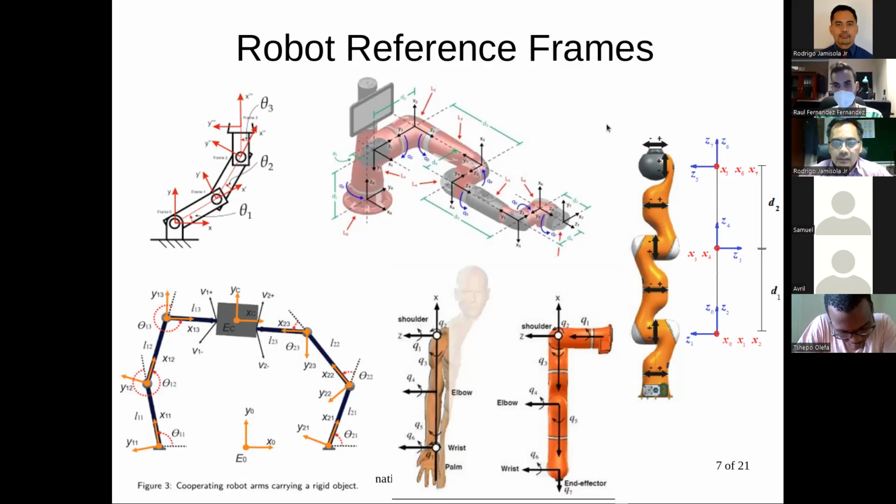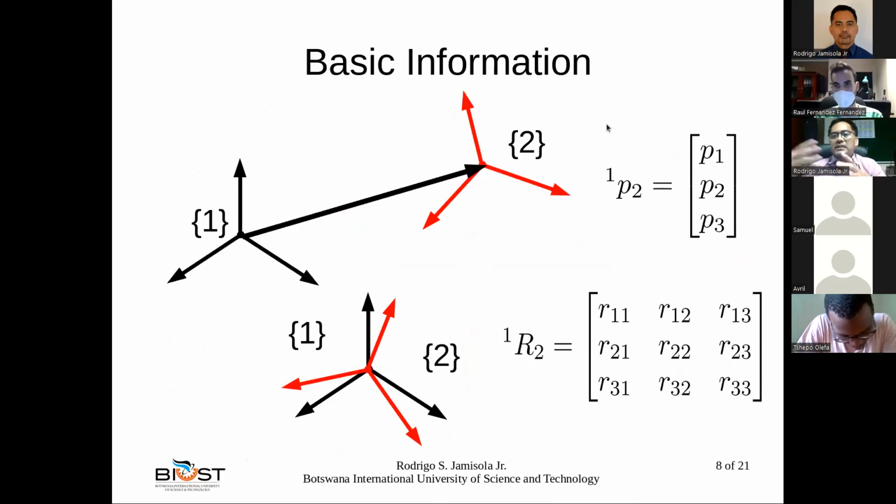And now, just before we move on to the much deeper topic, what I want to emphasize is that to express the movement of one frame with respect to the other, we already mentioned that there is a position part and there is an orientation part, which we can separate.